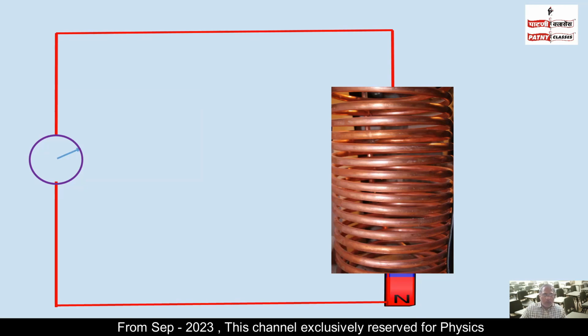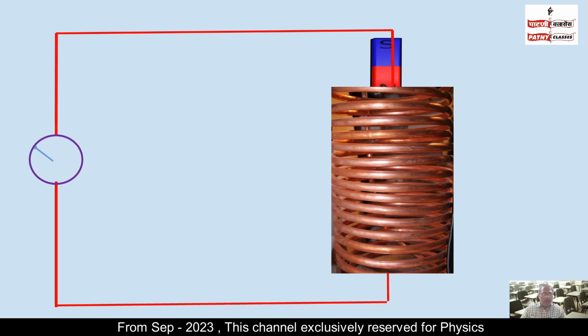Now let us move the magnet from bottom to top. Earlier we moved the magnet from top to bottom. Now in the second case, I am moving the magnet from bottom to top. What happens to the deflection? Now let us start moving the magnet from bottom to top.